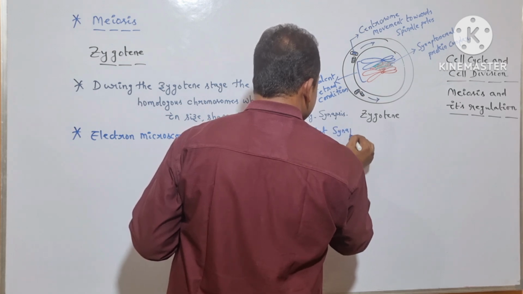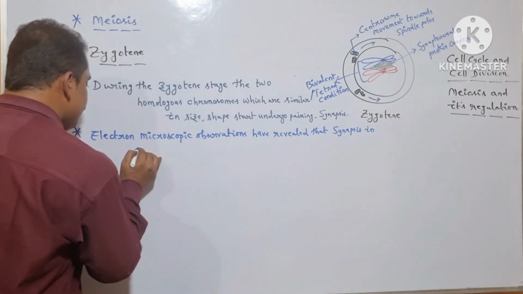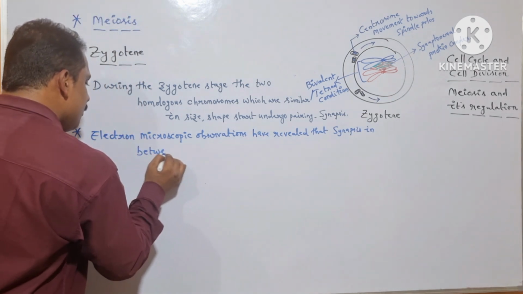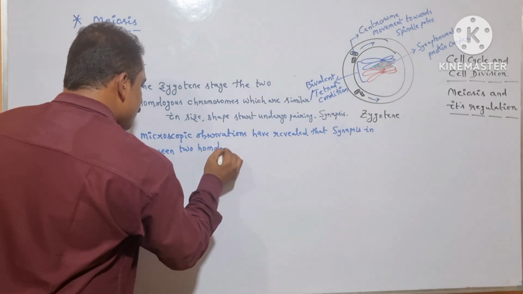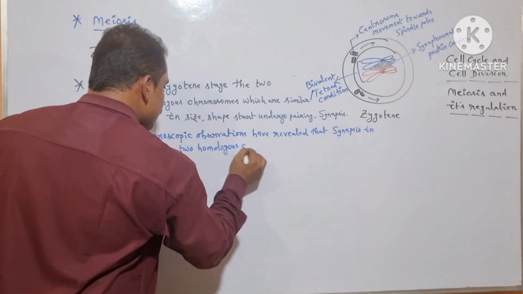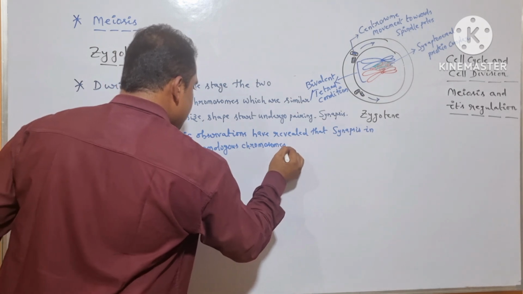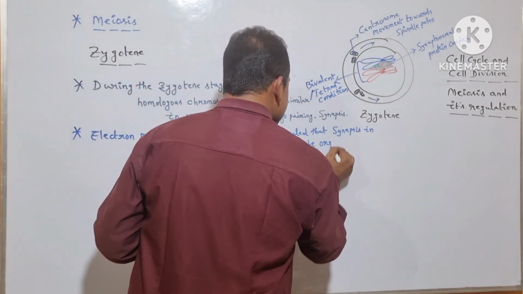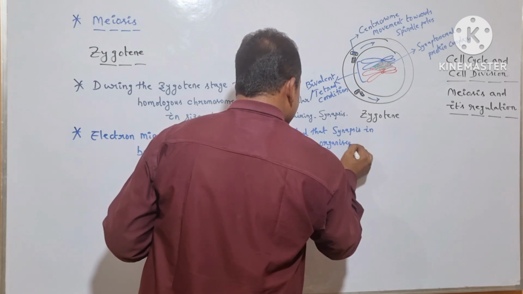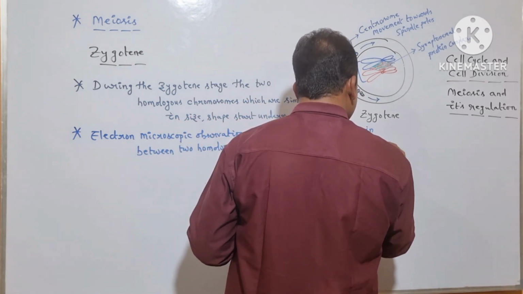synapsis in between two homologous chromosomes can be organized by means of a specific protein complex termed as synaptonemal complex.